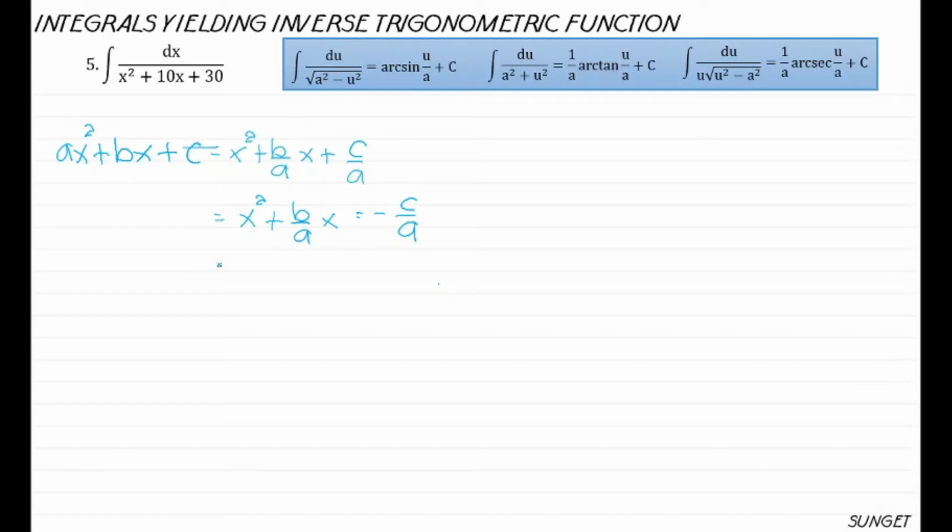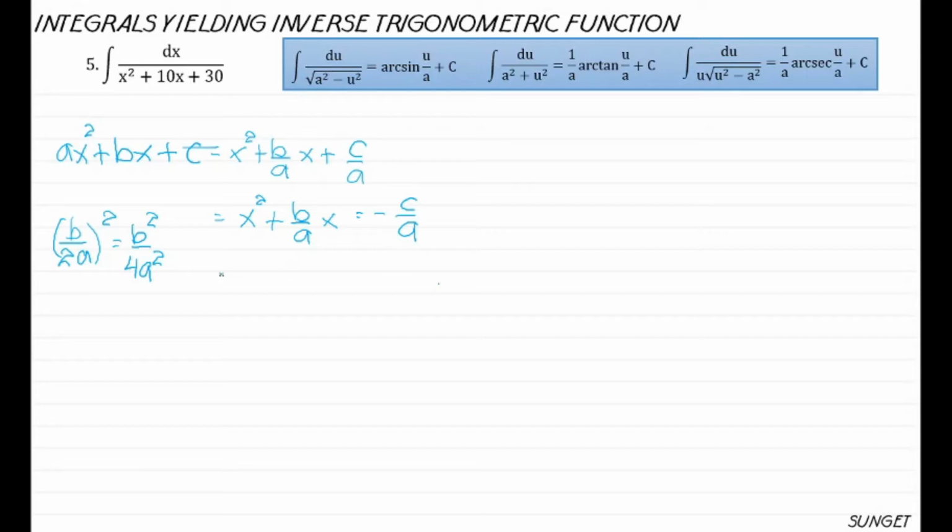The next step is to take the coefficient of x, which is b over a, and divide it by 2. So we have b over 2a, then squared, so that is b squared over 4a squared. Next is to complete the square on the left side of the equation by adding b squared over 4a squared, and balance this by adding the same value to the right side.